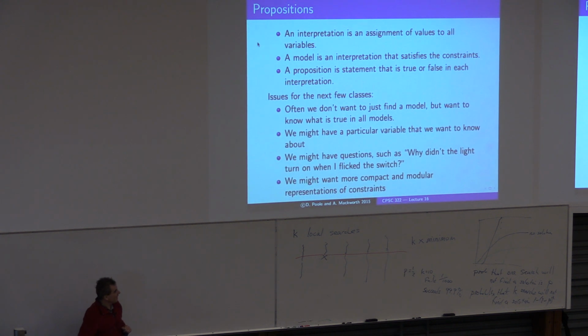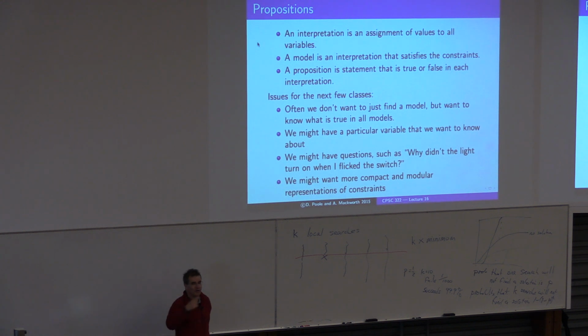But what's different now than what we did before for constraint satisfaction is that often we don't want to just find a model, but we want to know what's true in all the models. So we're going to talk about statements that are true in all the models, that always are true. We might have particular variables we want to query about. And we might have other questions like, why didn't the light turn on when I flicked the switch?